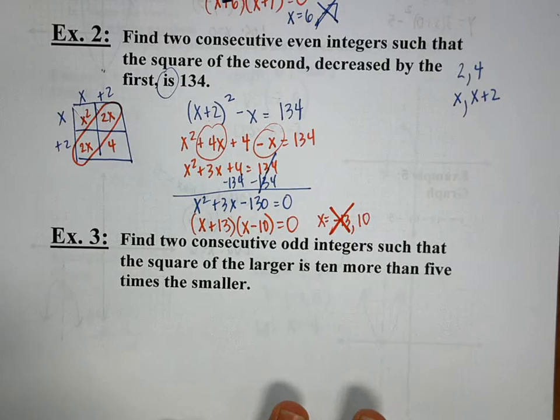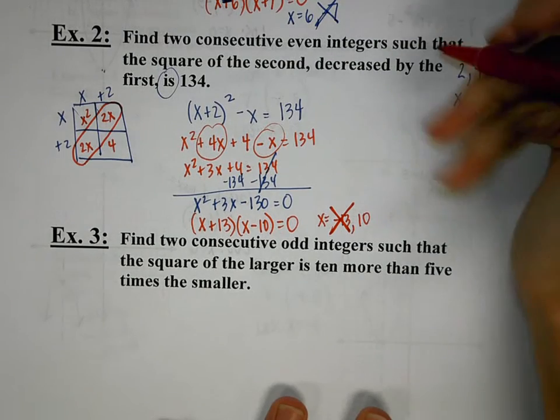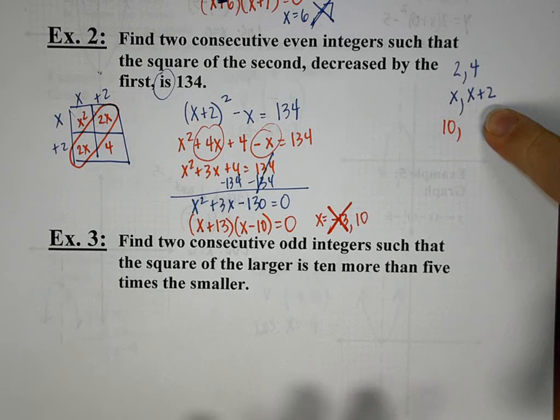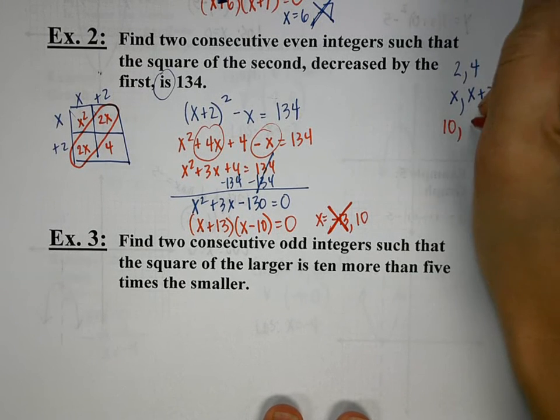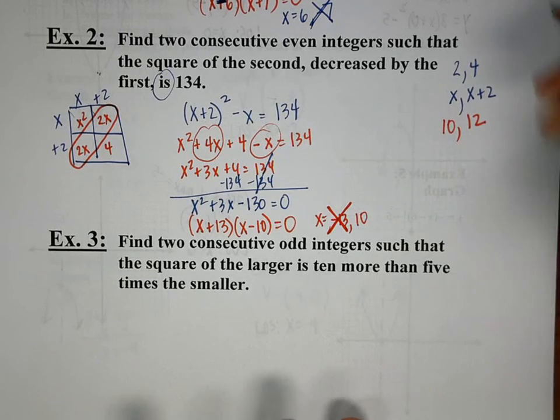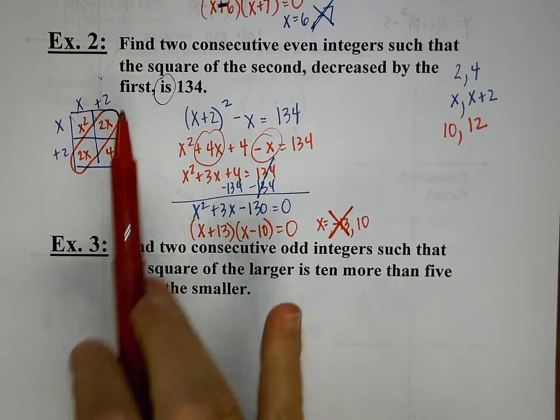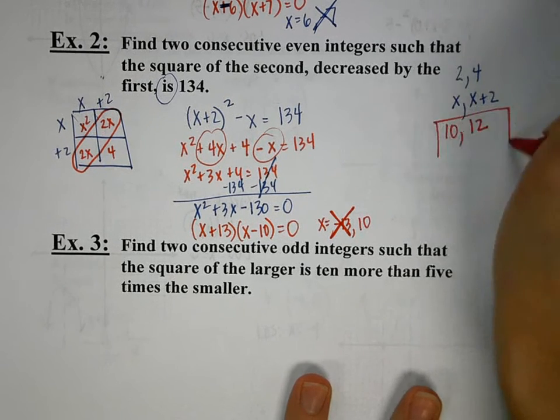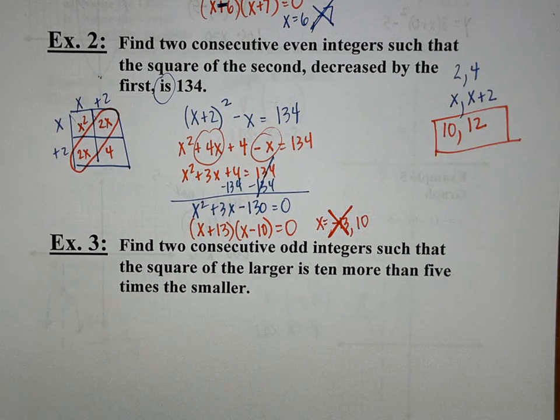So that means that x is 10, and then x plus 2 is going to be 10 plus 2, which is 12. And this one didn't say anything about finding the sum. It just says find 2 consecutive even integers. So 10 and 12 are my answers on example 2. Okay? Questions?